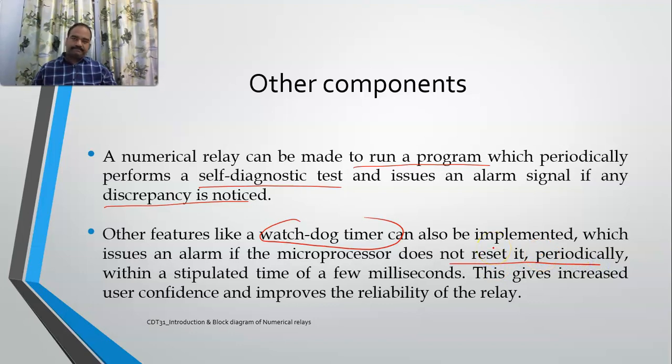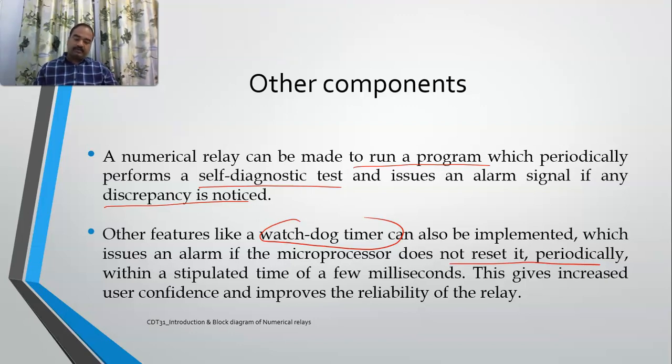So it is just like for every period of time, it will be automatically resetting this. And that resetting time also will be a few milliseconds. If it is not able to reset it in time, then automatically it gives an alarm that your microprocessor is not working properly. So this will improve the confidence of the user, and also it improves the reliability of the relay.